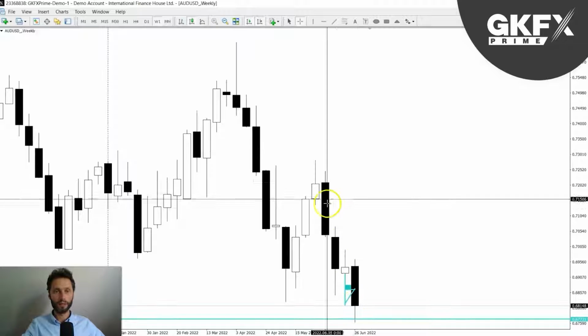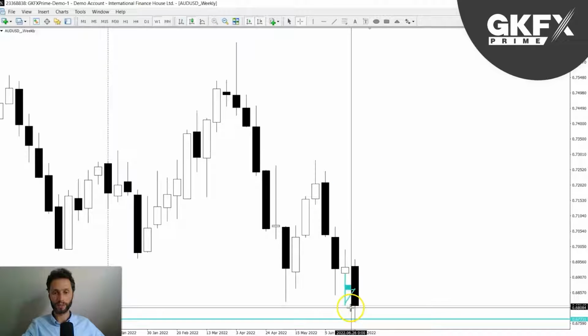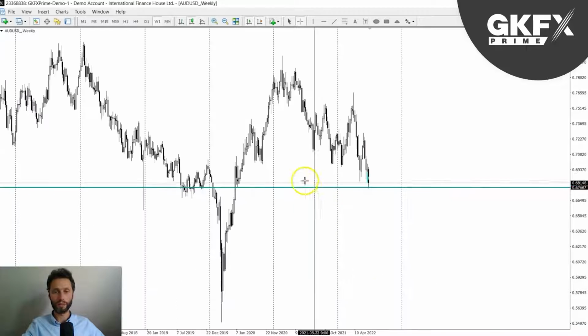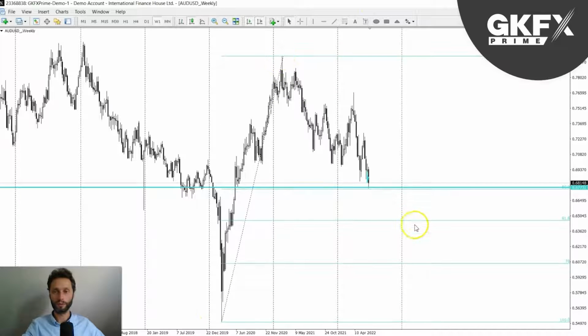You can see here last week's candle closed lower, closed bearish, and we may see a continuation. Now let's check the Fib levels from the low to the high.